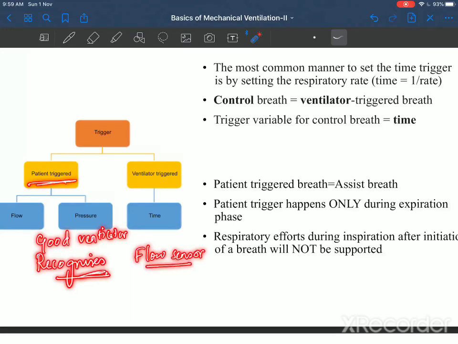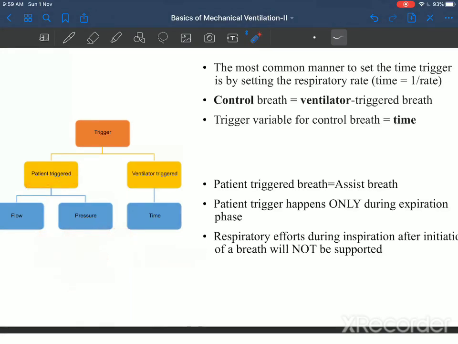Without a flow sensor, the ventilator does its own work because it does not sense the patient starting a breath or ending a breath. So you need to have a proper flow sensor for the ventilator to identify that the patient is triggering a breath by flow or pressure.